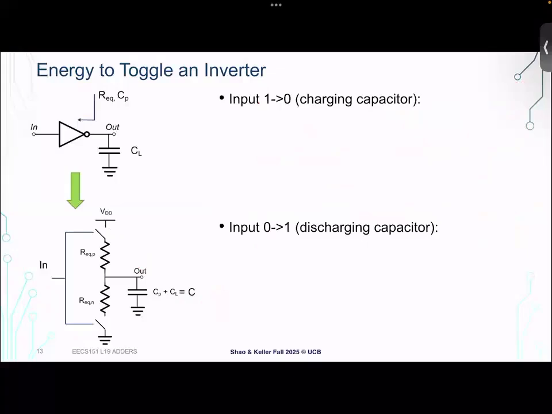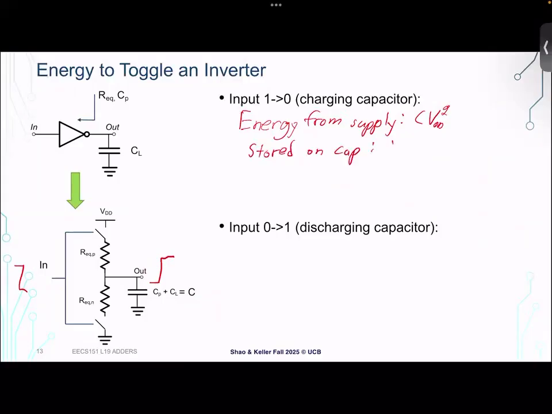So let's think about what that means. When the input switches from 1 to 0, we're charging the capacitor. We said the energy from the supply is CVDD squared. Stored on the capacitor is half of that. So what happened to the other half?